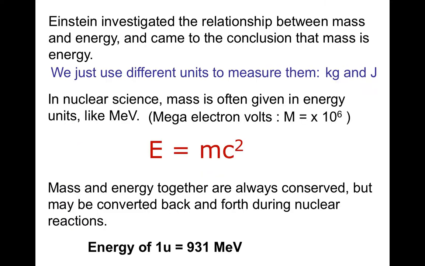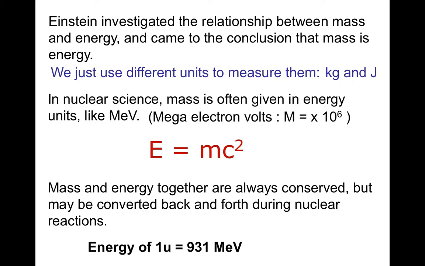So this brings us to Einstein's famous equation that I know all of you know. We haven't studied it yet, but that is E equals mc squared. Einstein investigated the relationship between mass and energy.